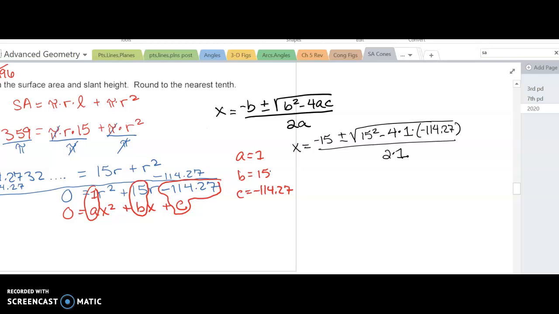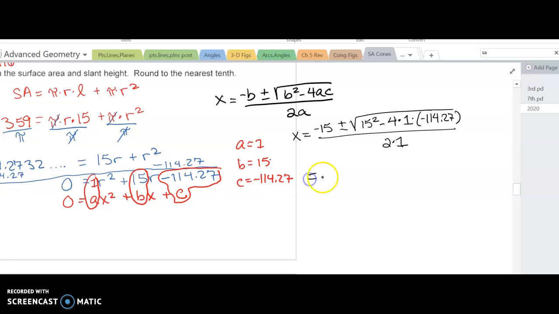Okay, so then from there, it's really just a matter of following the order of operations. So we know 15 squared is going to be 225. So I'm going to make this x equals negative 15 plus or minus 225 minus 4 times 1 times that 114.